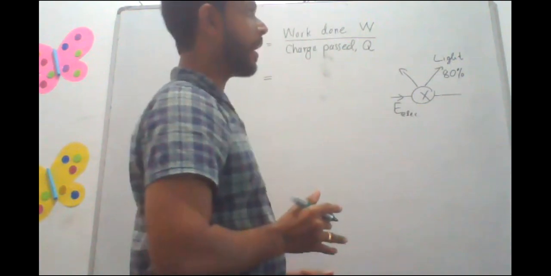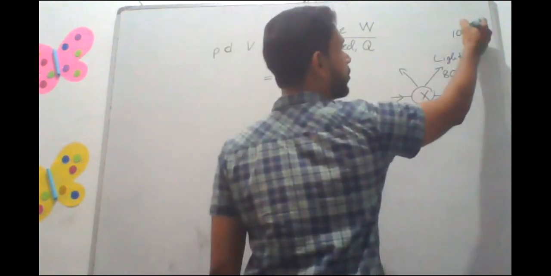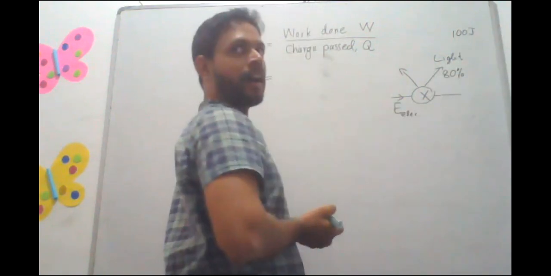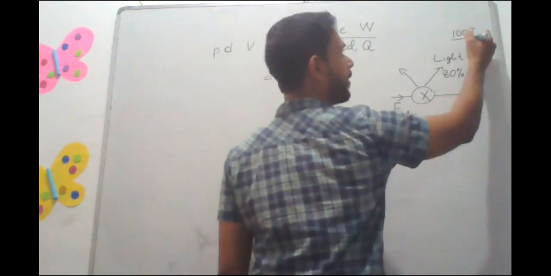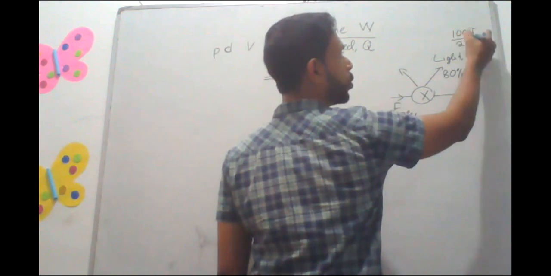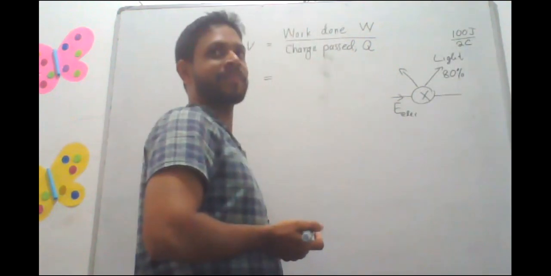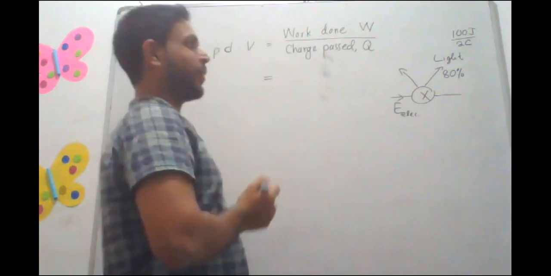And the light is there 100 joules per every 2 coulomb of charge. Right? Okay.